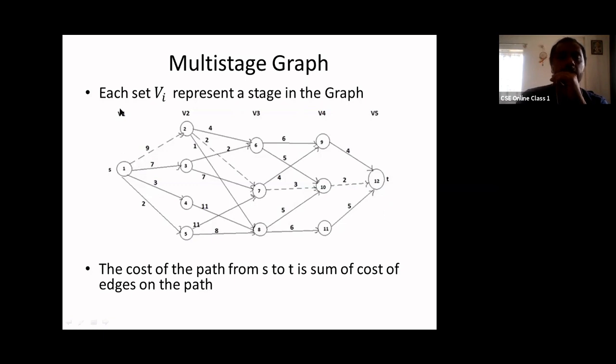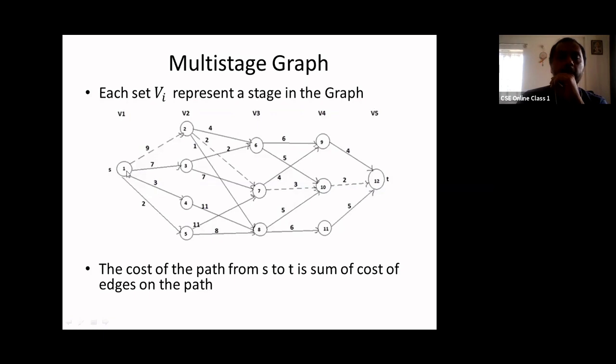You can see that V1 and V5 are nothing but the source and sink vertices, where the graph originates from vertex 1 and terminates at vertex 12. In the intermediate, V2, V3, V4 are the intermediate stages.